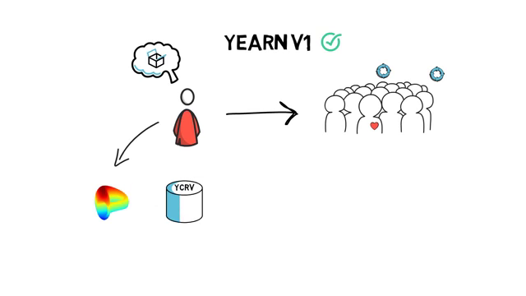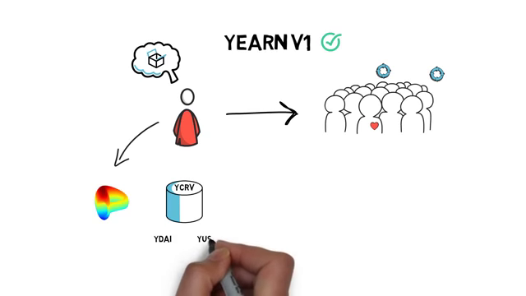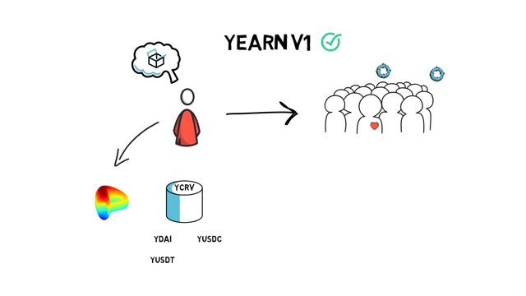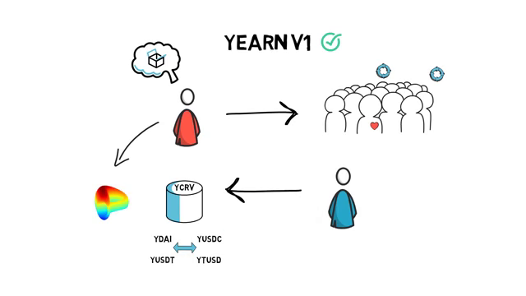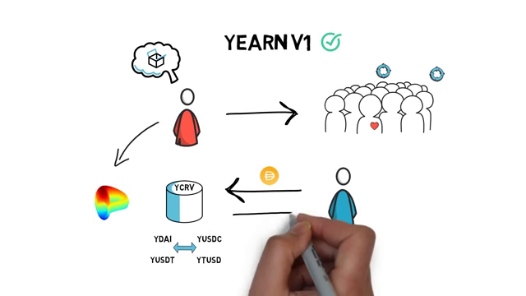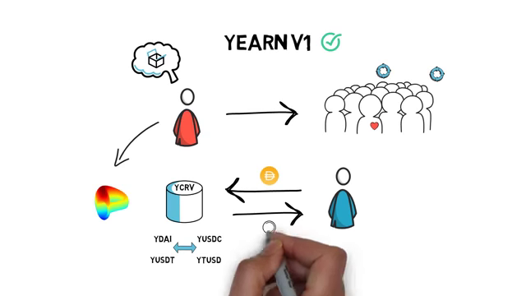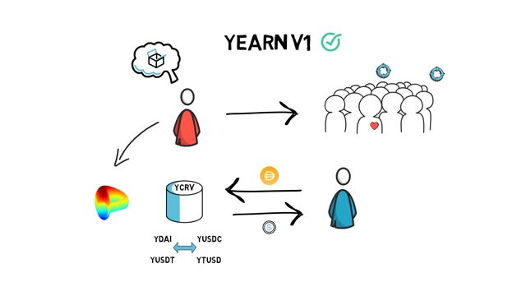The yCRV pool contains the following yTokens: yDAI, yUSDC, yUSDT, and yTUSD, making it easy to swap between the yTokens without unwrapping them into their underlying tokens. By depositing stablecoins to the yCRV pool, the users can earn trading fees for providing liquidity, on top of getting a return on their yield-bearing yTokens.